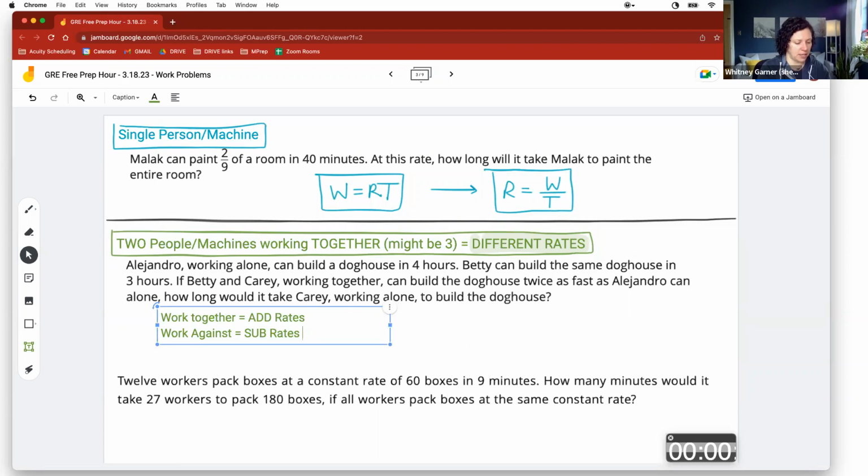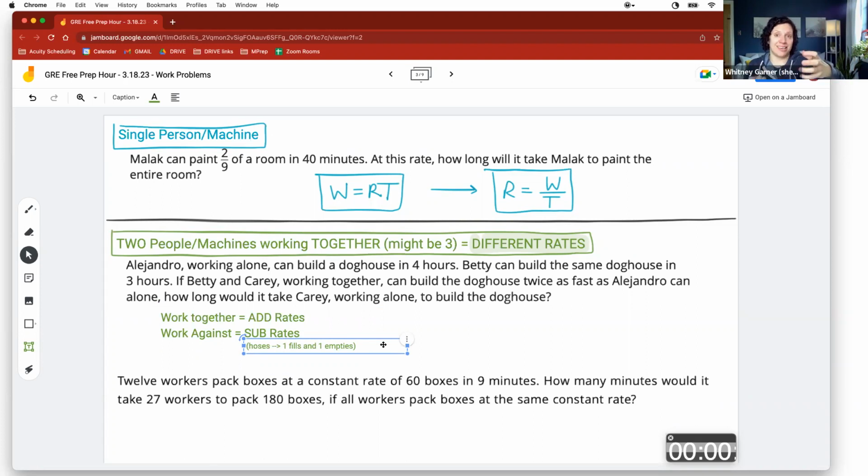This is generally in the world of hoses, and I'll actually put this under here. This is where one hose fills and one hose empties. One fills and one empties, right? So if I'm trying to fill the tub, then the hose that's filling is working for me.